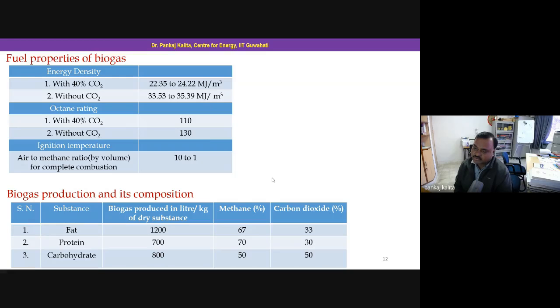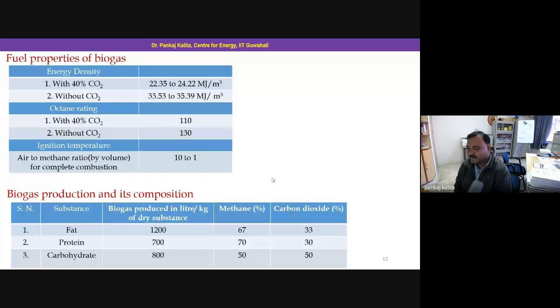And if we talk about biogas production, it's about 1200 liters per kg of dry substrate for fat, protein is about 700 liters per kg of dry substrate, and for carbohydrate it is 800 liters per kg of dry substrate. Okay. And then methane is about 67% in case of fat, protein is 70%, and carbohydrate is 50%. And carbon dioxide generation can be seen here.